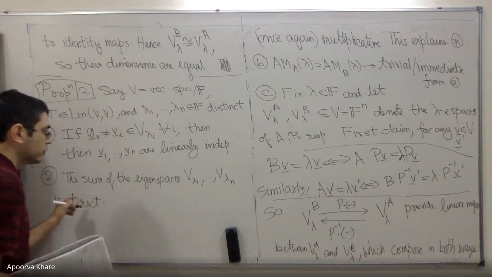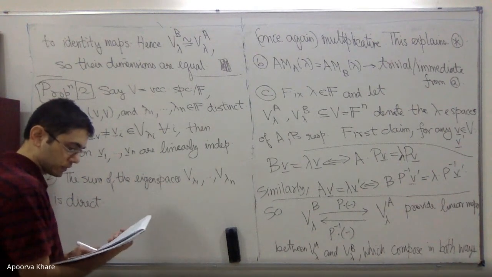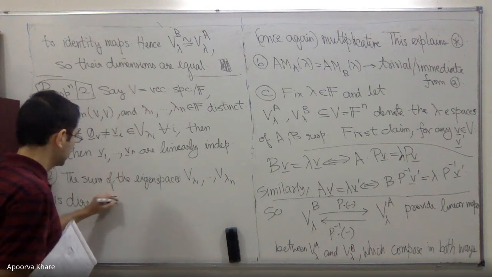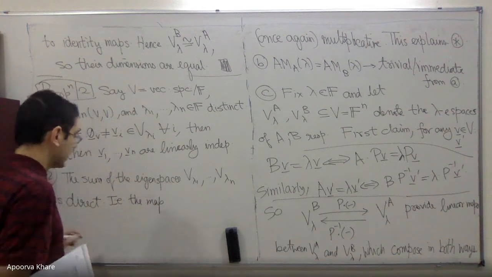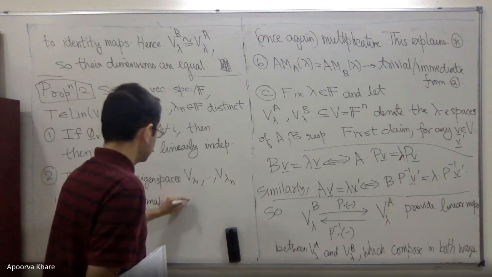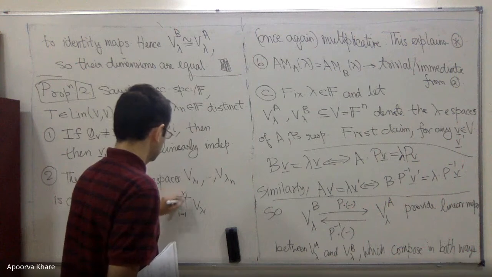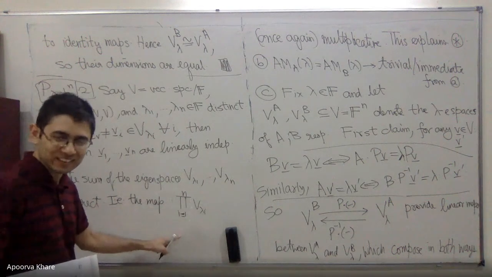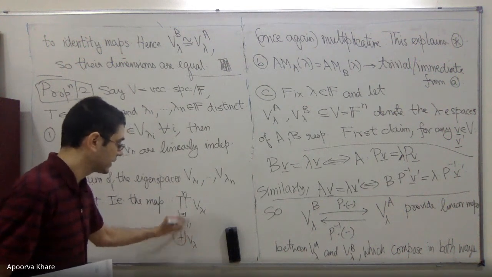In other words, if you look at the summation map, that's an isomorphism. Take the Cartesian product of these V lambda i's. I'm saying this is a direct sum, but when it's a finite Cartesian product, it is also equal to the finite direct sum. So indeed it's a direct sum.